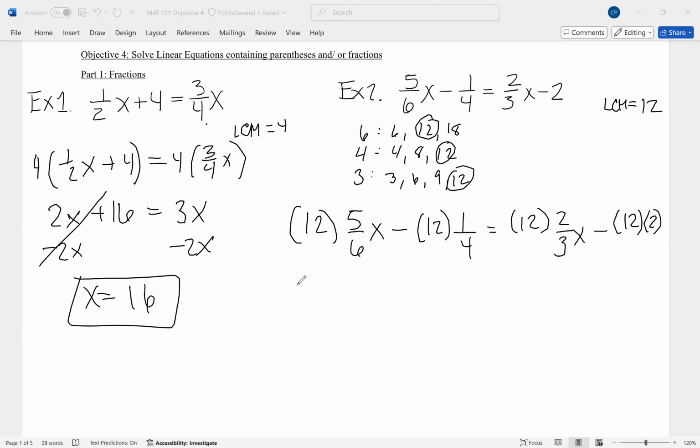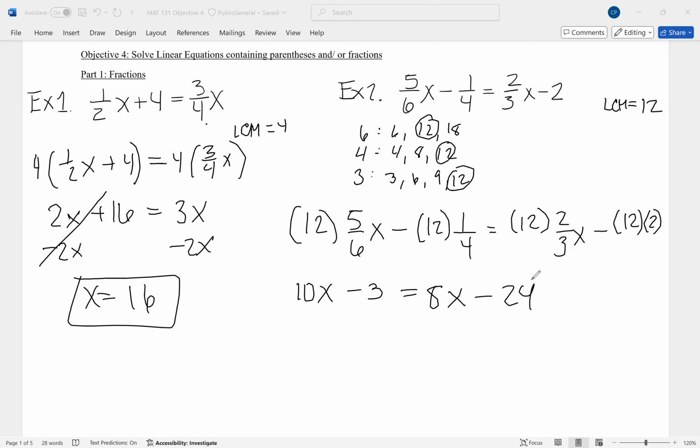So the first one will have 10x minus 3 equals 8x minus 24. Okay?